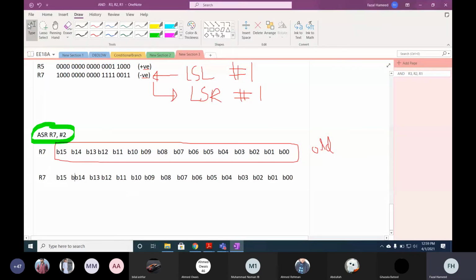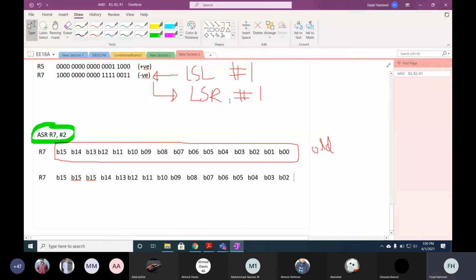So it will be B15, B15, then B14 and so forth. And then 2 bits will be removed from the right, B1 and B0.